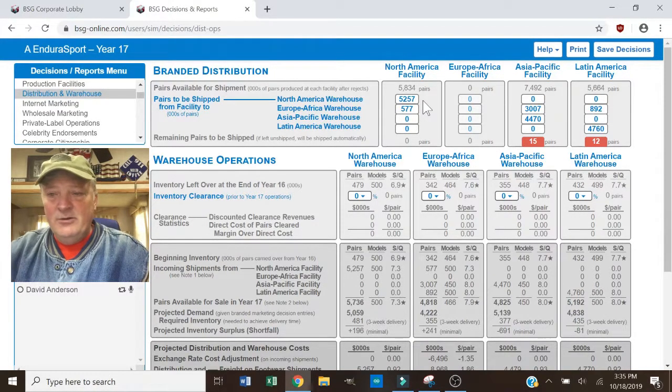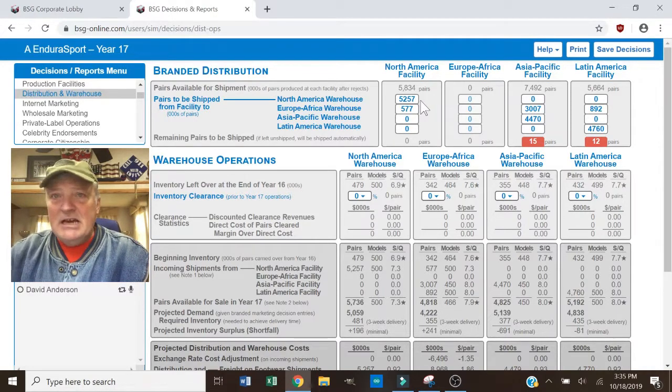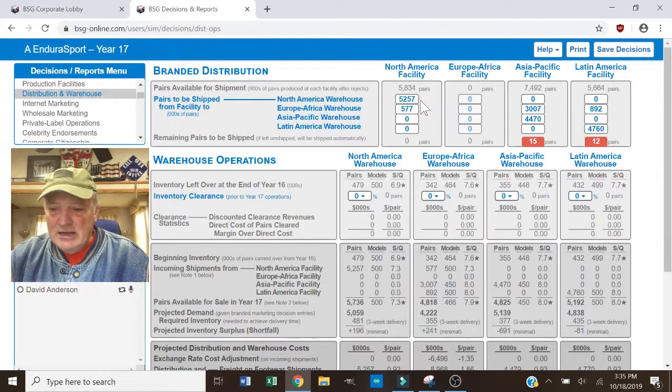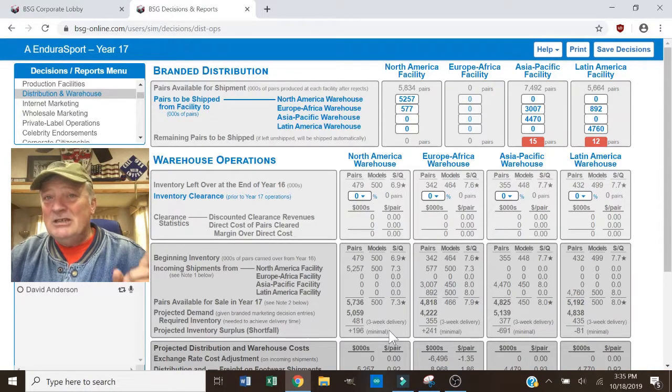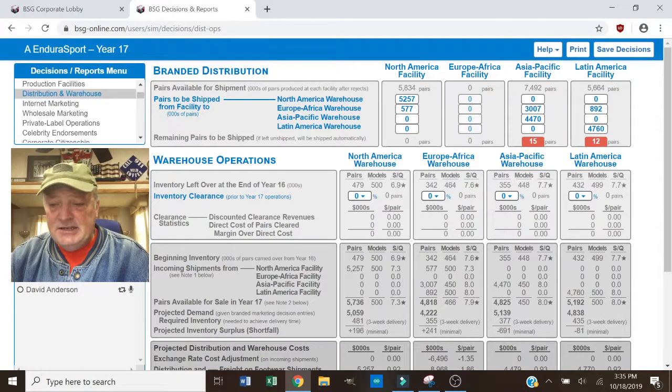Right now in North America, I'm looking at 52, 57 that I can sell, and I come down here, and it looks like I'm going to be over 196 pairs. That's way too much. I don't want to be over that many. I want to actually sell more than what's given here. It says that I'm going to have an inventory of 196. That's a little bit too high for me.